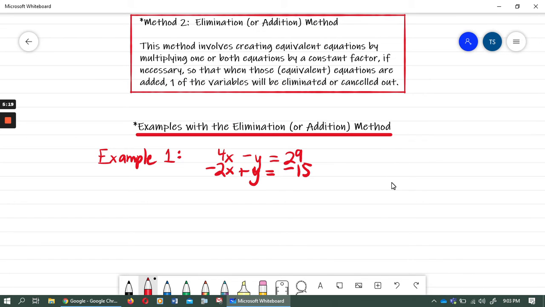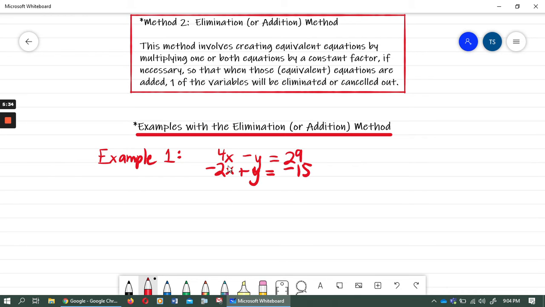If you notice here, if we add these two equations together and just focus on the like terms, you see how the like terms are lined up? The 4x and the negative 2x.